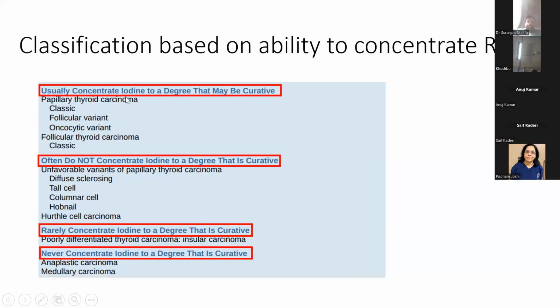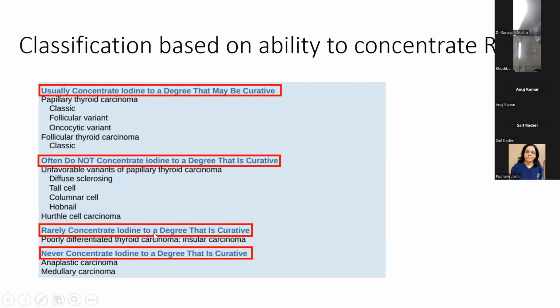So we have thyroid cancers that concentrate radioactive iodine to a degree that may be curative. That includes the papillary thyroid carcinoma, the classical variant, the follicular variant, oncocytic variant, etc., and the follicular thyroid carcinoma. Then we have certain cancers that again concentrate radioactive iodine, but may not be to such an extent that we see for classical variants. So that includes the unfavorable variants like the diffuse sclerosing, tall cell, columnar cell, hobnail cell, Hürthle cell carcinoma, etc.